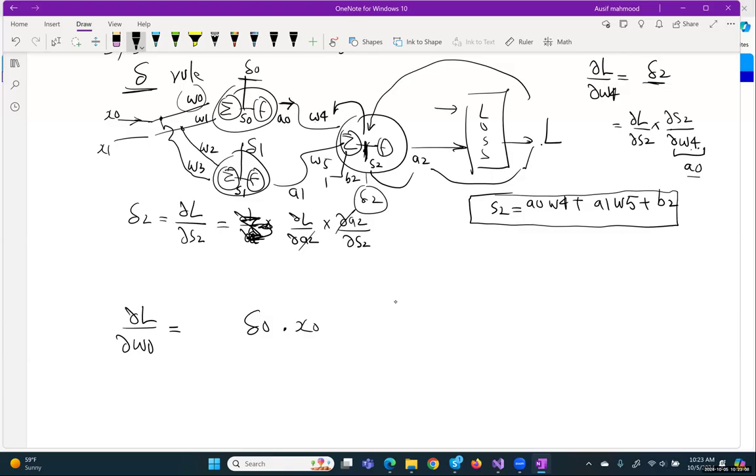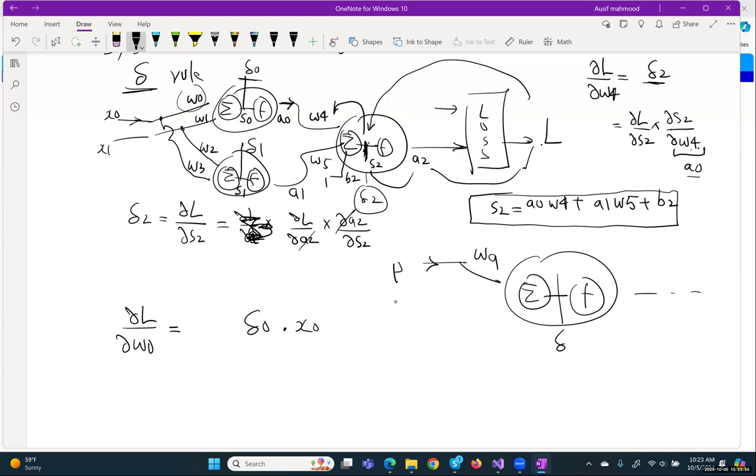In general, suppose I gave you a neural network, and suppose I have some W9, and suppose the output feeding it is called P, instead of A, B, C, D. My question is, if this delta is given to you, what is partial L over partial W9 for this picture? Delta times P, which is the input, right?